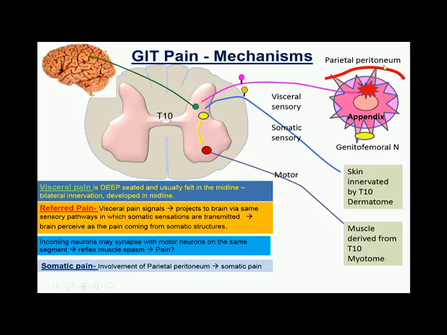So now this parietal peritoneum is red. Involvement of the parietal peritoneum due to transmural inflammation now stimulates the parietal peritoneal sensory fibers, which is a somatic organ, and it is densely innervated. It's a somatic pain, and now you can locate it. And that will occur at the site of pathology.